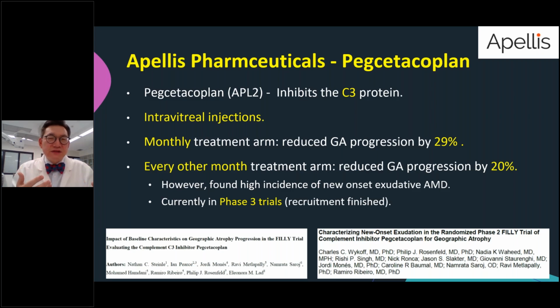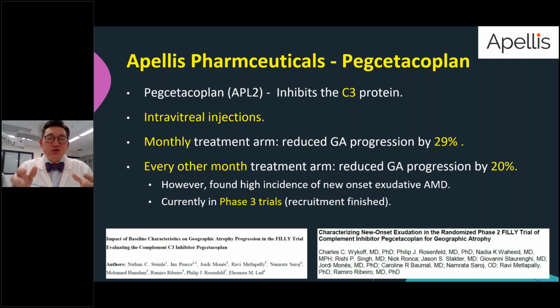The results of this trial were encouraging, and that is, with monthly treatment, we can reduce the progression by up to 30%. So that means the area of thinning, the bald patch, doesn't progress as big and is reduced by 30%. So very encouraging results.